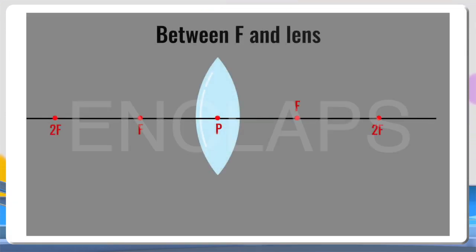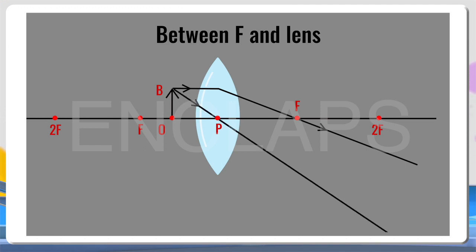In the last case, the object is placed between F and the lens. O is the position of the object and OB is the object height. We consider two rays here. The first ray is coming parallel to the principal axis. After refraction, it passes through the principal focus. Second ray is passing through the optic center or pole.